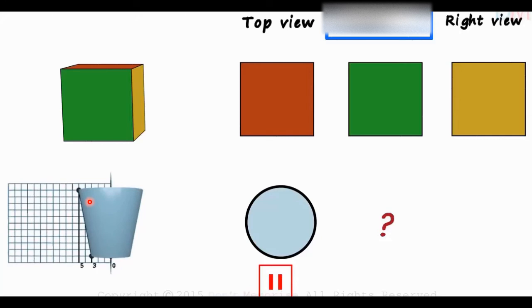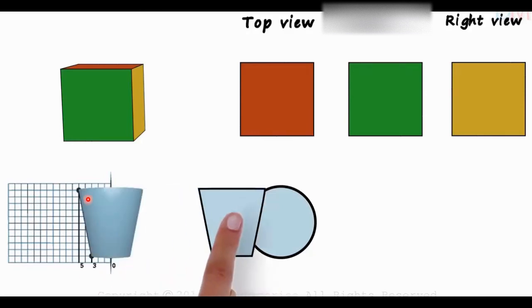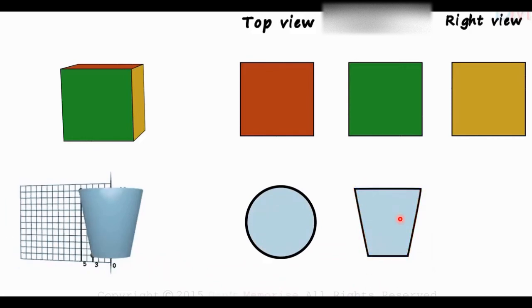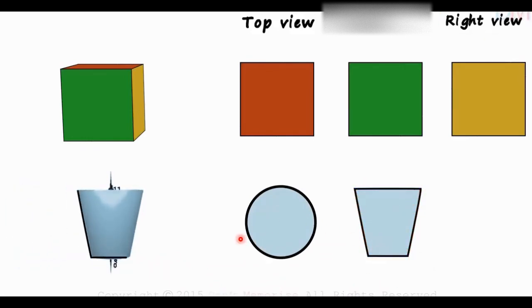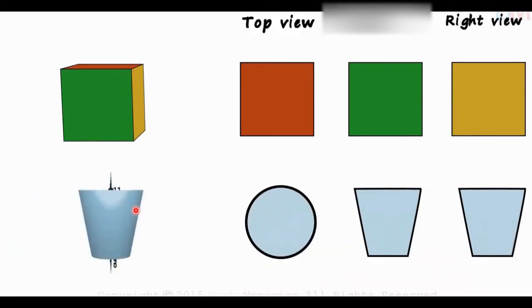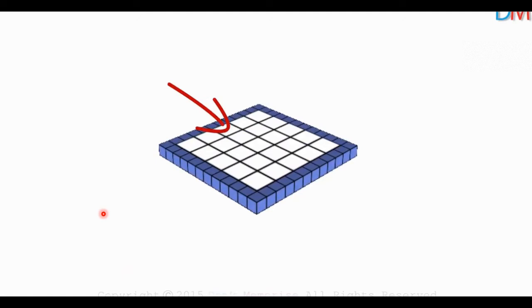When we look at this glass from the front view, it's a trapezium, with two parallel lines and two non-parallel lines. If we look from the right side also, we'll get a trapezium. So from any side, front or right, we'll get a trapezium only. From the top alone, a circle.